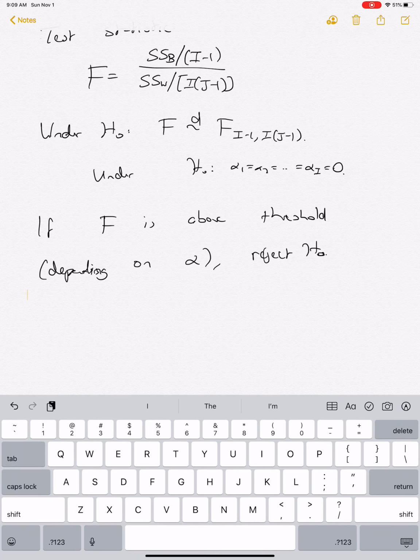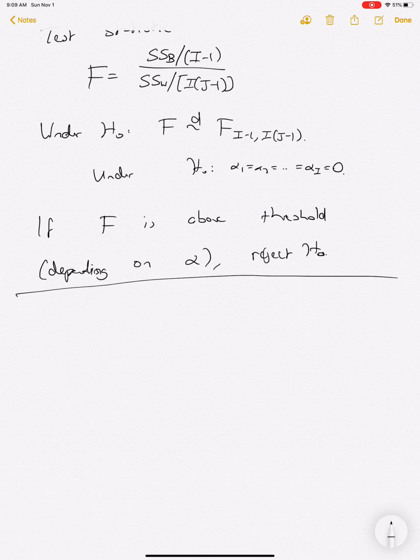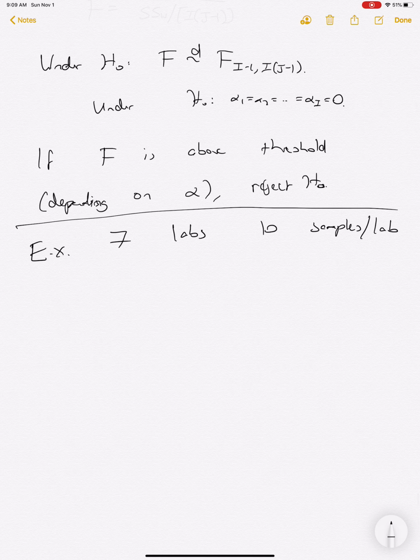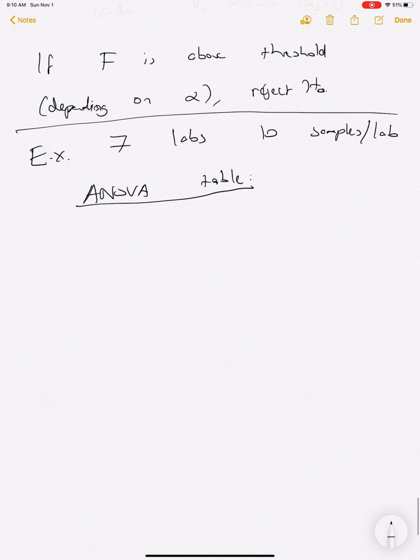Okay, so let's return to the example with 7 labs and 10 samples per lab. And we're going to construct what's called the ANOVA table, because we're calculating a lot of things and it's important to keep track of all of them.